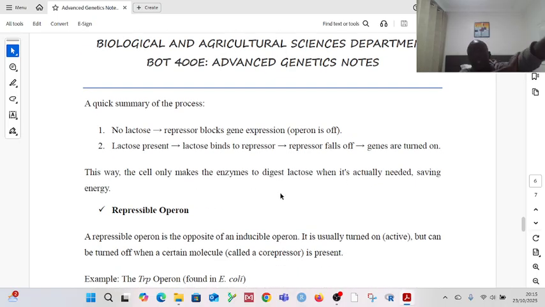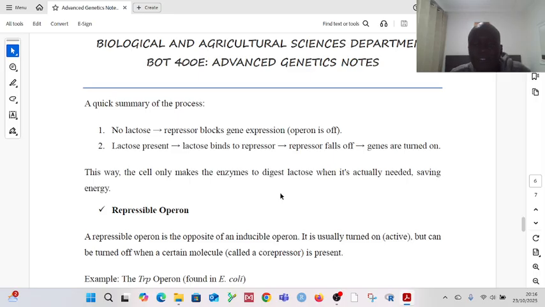So a quick summary: no lactose. If there is no lactose, then the repressor blocks gene expression. If the gene expression is blocked, then the operon is off. In the presence of lactose, that lactose will bind to the repressor. Once lactose has bound to the repressor, it will fall off the operator.